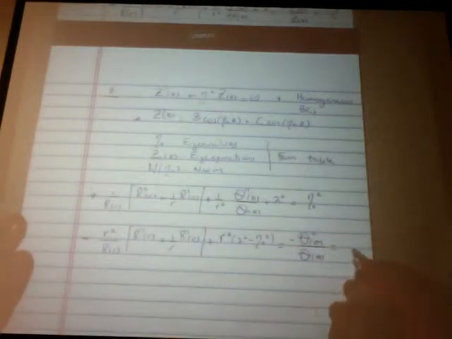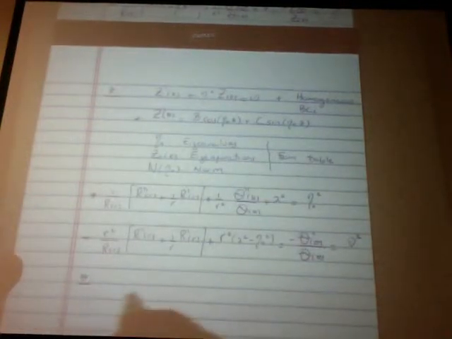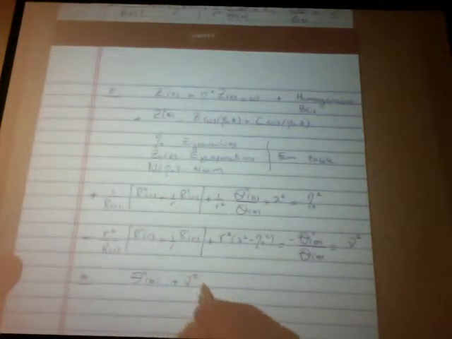Then the only way this is going to be equal to each other is if they're equal to a constant. And we make that constant equal to nu squared. And we make it positive because we want to form an eigenvalue problem in the theta direction. So in the theta direction, we have the equation Θ''(θ) plus nu squared Θ(θ) is equal to 0.